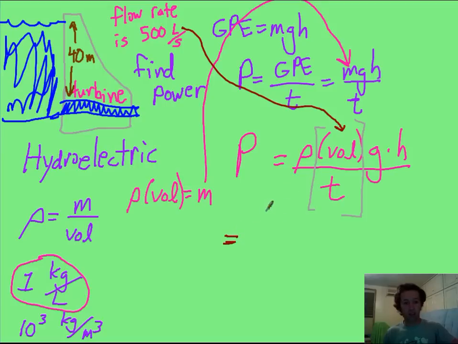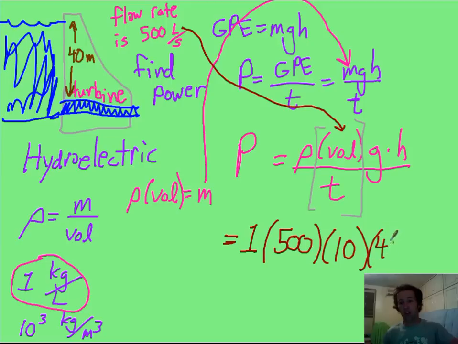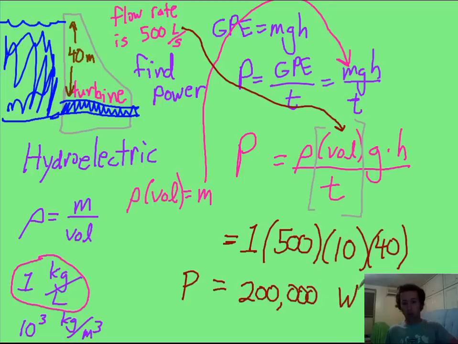You know that you're going to have 1 kilogram per liter, flow rate of 500 liters per second, g is 10, and your height is 40. I've left out all the units just for the sake of speed there. And then if you do this, you're going to get something like about 200,000 watts as our power.